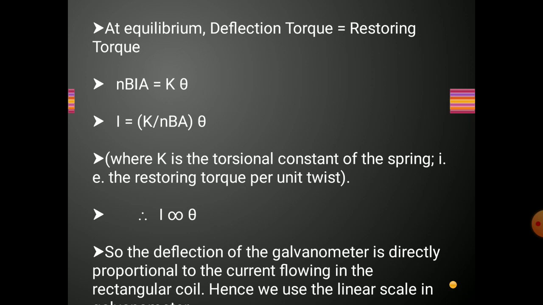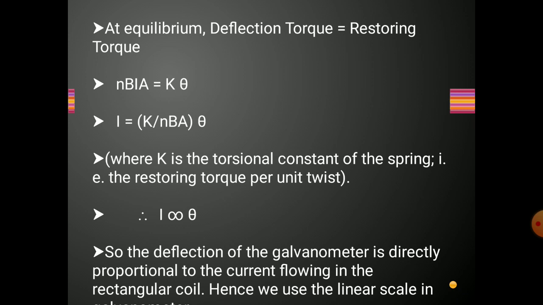So NBIA is equal to K into theta, where K is the torsional constant of the spring, which is nothing but the restoring torque per unit twist. For one unit of twist, how much it is rotated, that is the torsional constant.